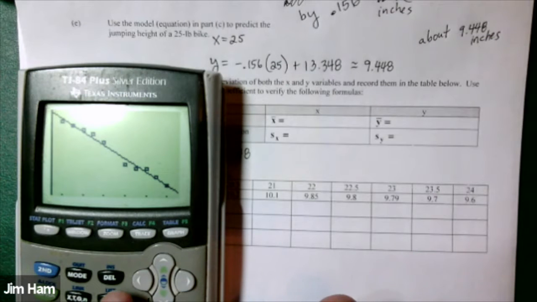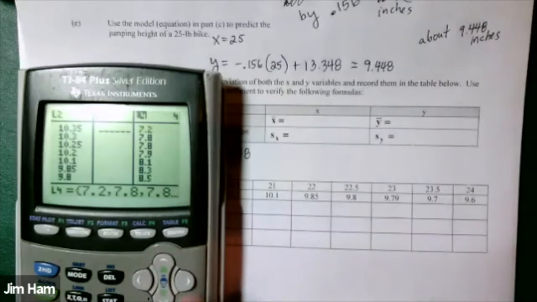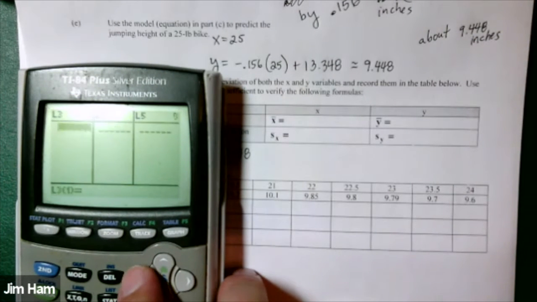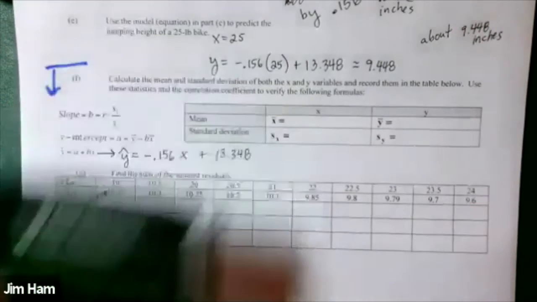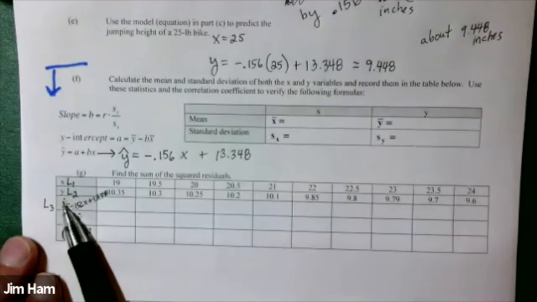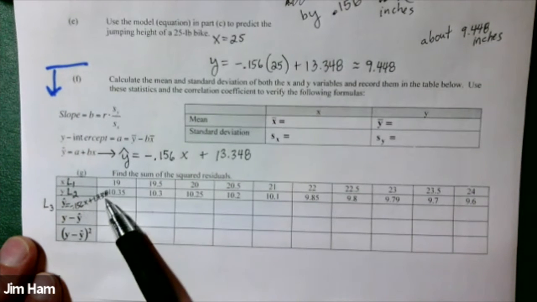I'm going to go back to the lists, and in L3, I'm going to clear out 3 more lists here, because we're going to use L3, L4, and L5. Now the first thing, this is the trickiest one, because the L3s are going to be all these X values plugged into our regression equation.